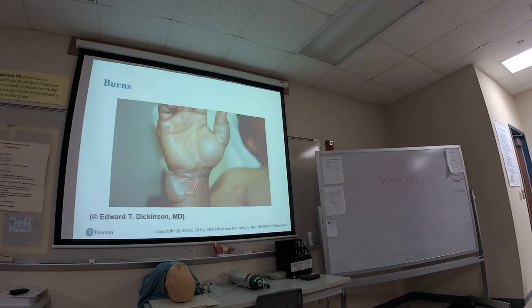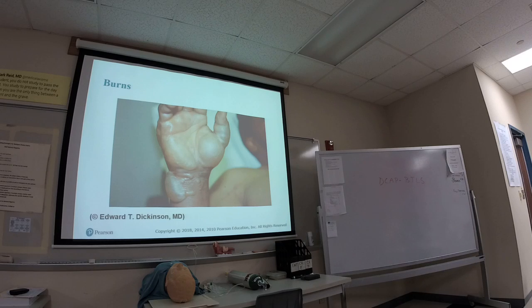Burns. What degree burn is that? I think it's second degree. Why is it second? Anybody remember? It's been a while. I remember first degree only does like the first layer of skin.